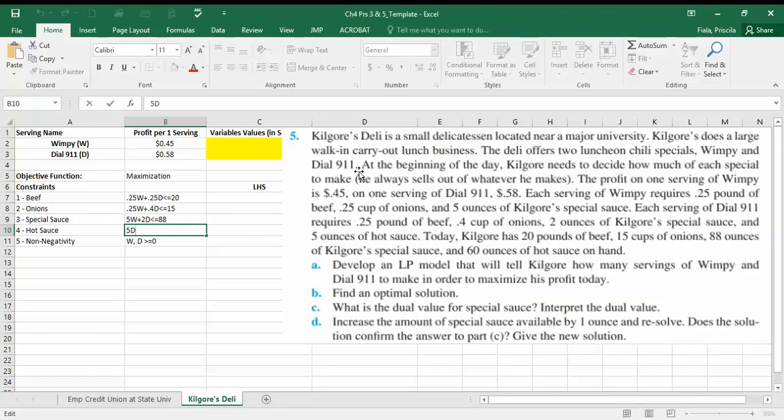So 5 D, 5 ounces of Dio, cannot be any more than 60 ounces.